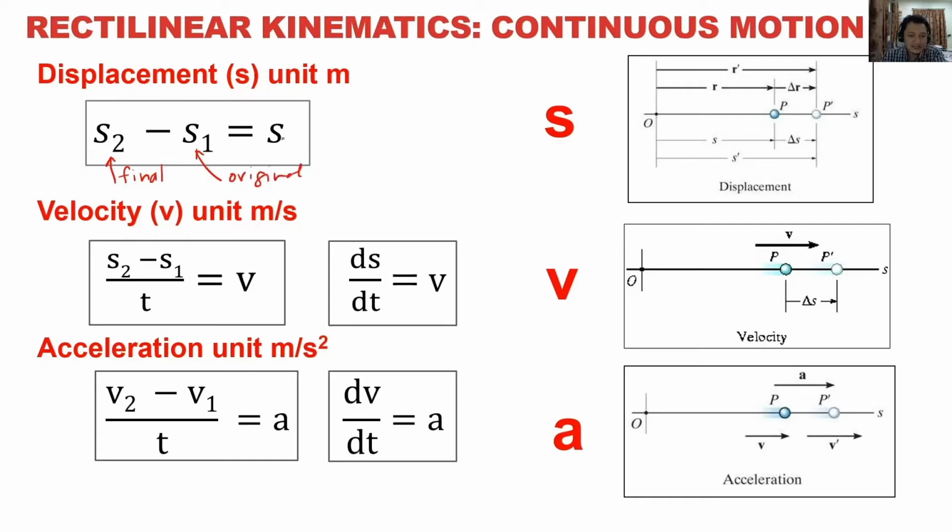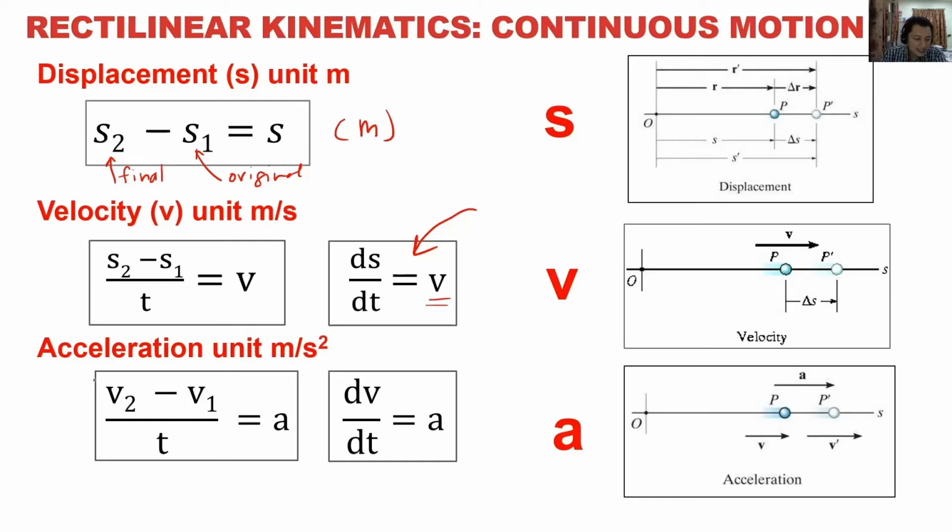So you have S, and the unit is meter. Velocity is when you compare the displacement and divide by time. So displacement divided by time gives you velocity. In terms of the derivative, it is ds over dt. So you get v.